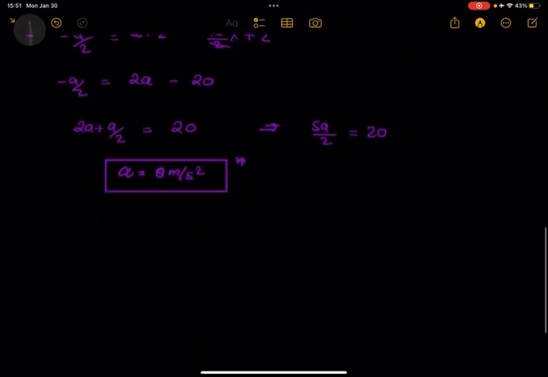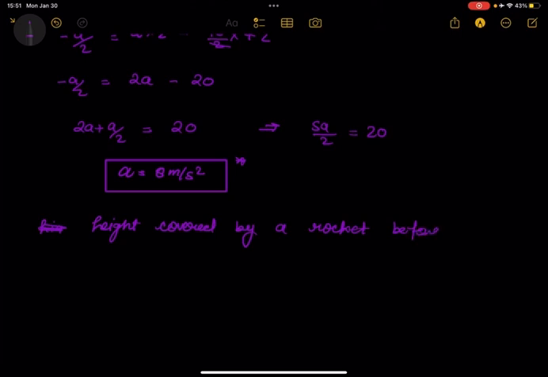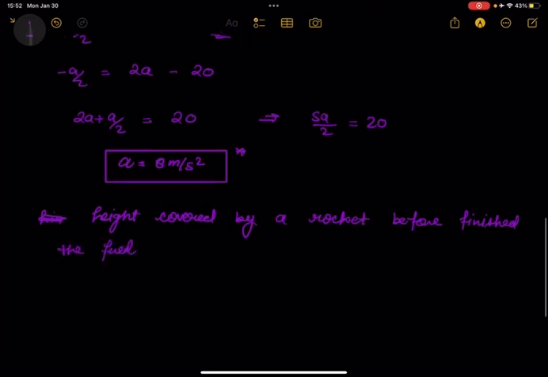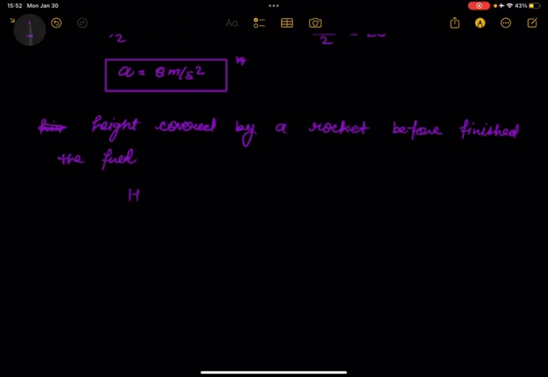So the height covered by the rocket before the fuel finishes: h is equal to half of a t square.